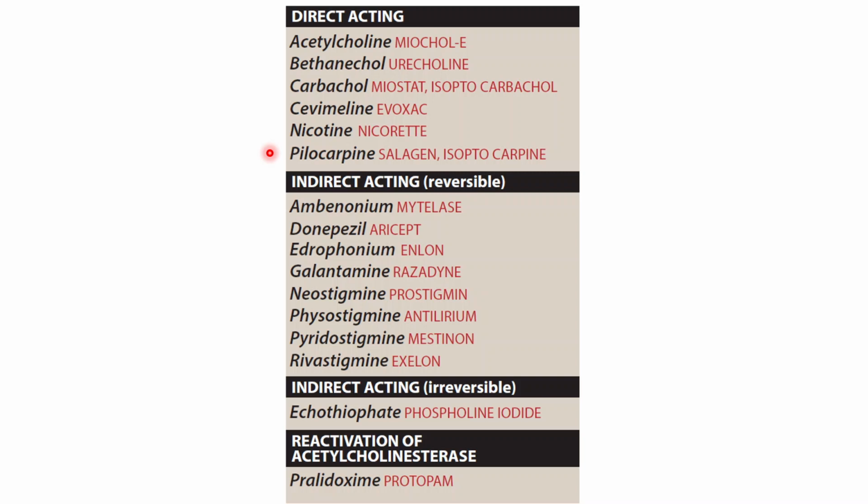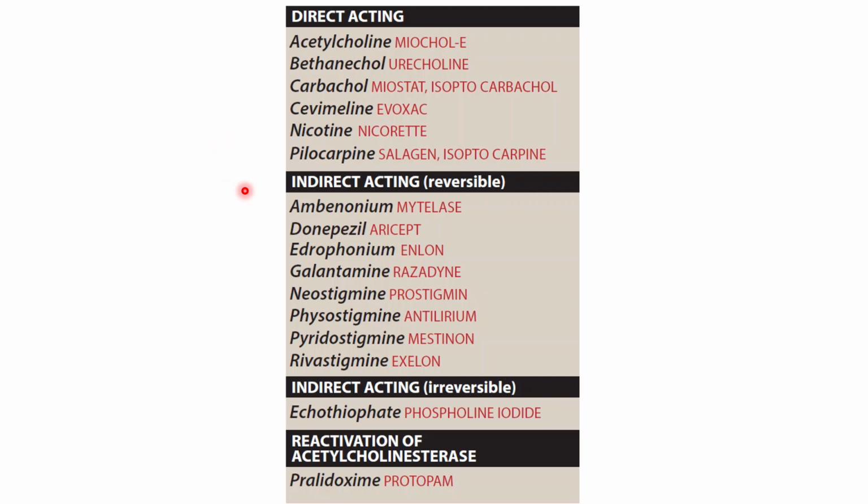Pilocarpine is used in ophthalmology and bethanechol is used in urology. But besides that, the clinical application of the cholinergic agonists is not broad.